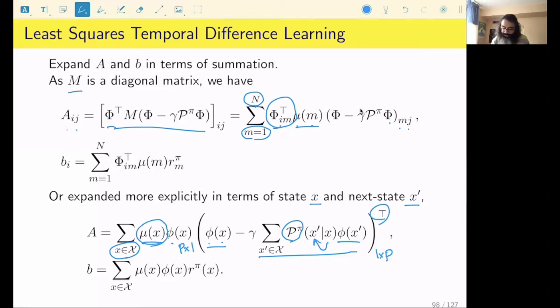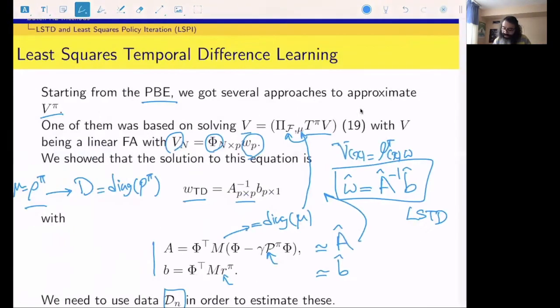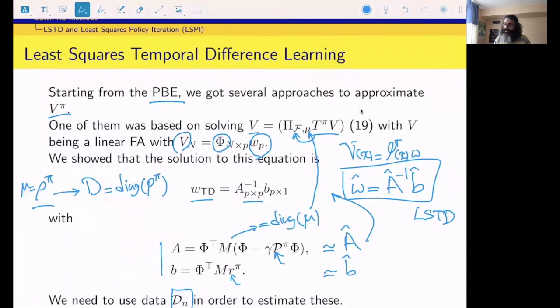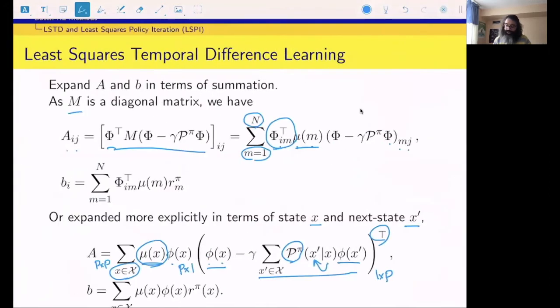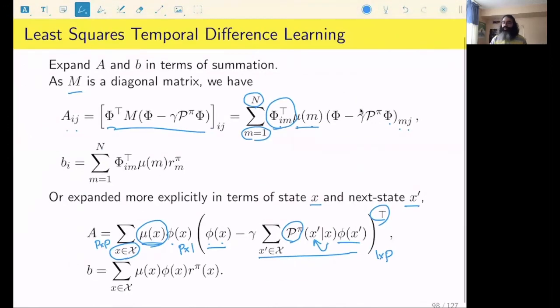So this would become p by p as we expected. I guess you have to go through it to see why this is the form. But we can see that this A we are computing here has this specific form. And we can write the same for B.